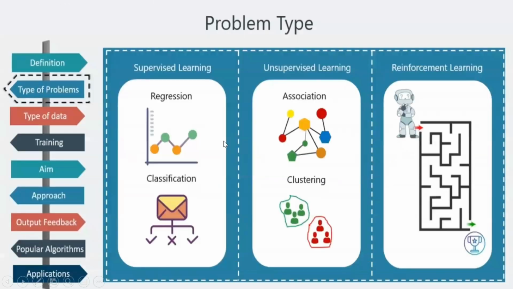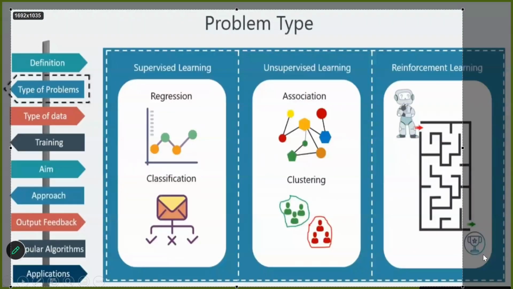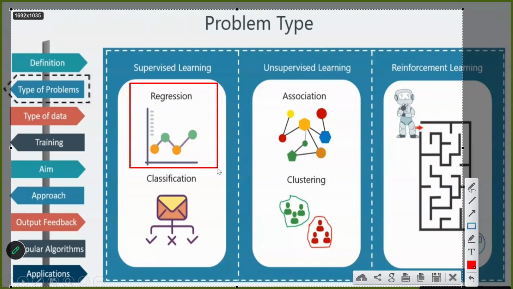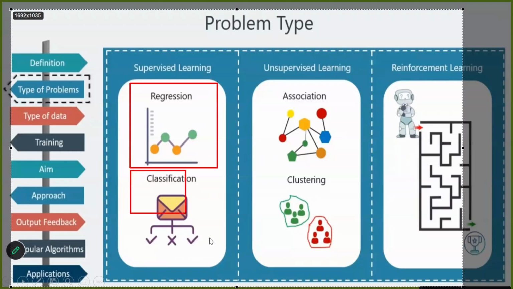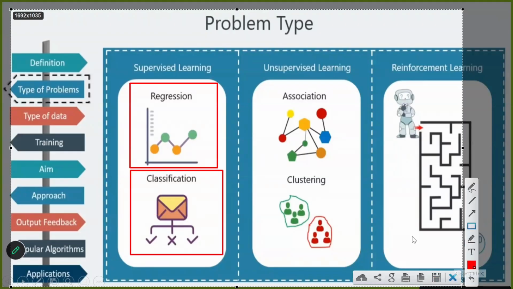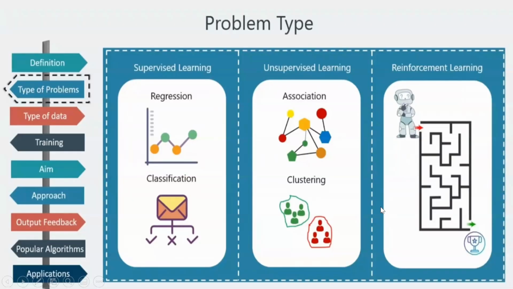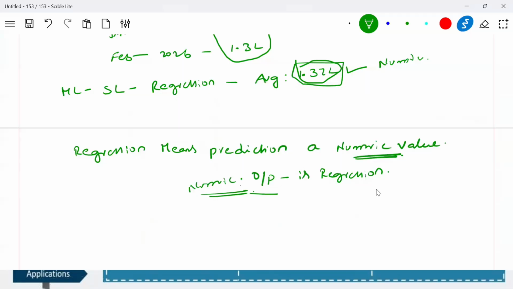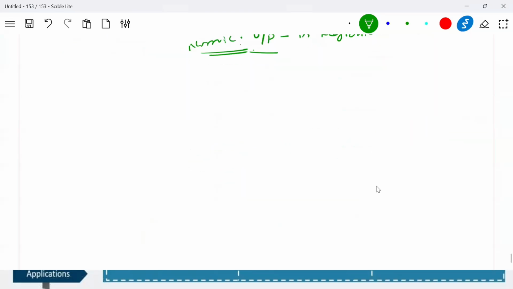Next, using supervised learning, one type of problem we can solve is regression problems. By now you have an idea what regression is. Regression means predicting a numeric output. So now let us see what classification is.